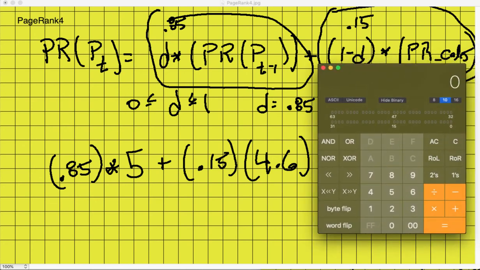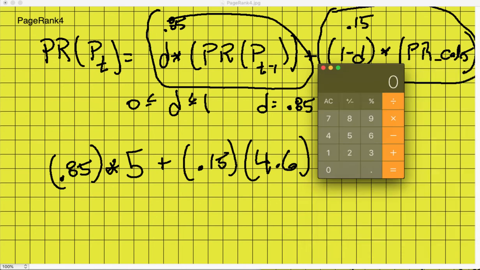So I come over here, and this is a weird calculator. I want a basic calculator, and I want it to be 0.85 times 5, and that's 4.25.